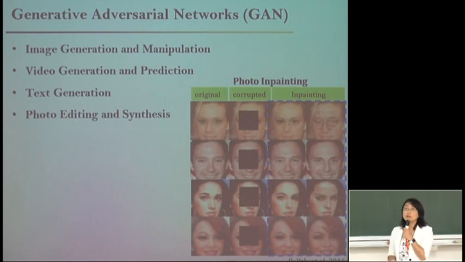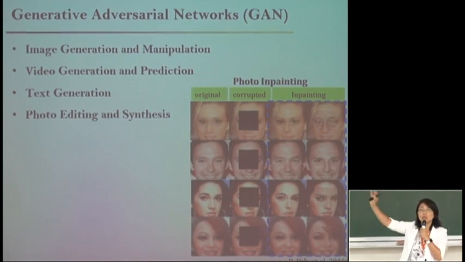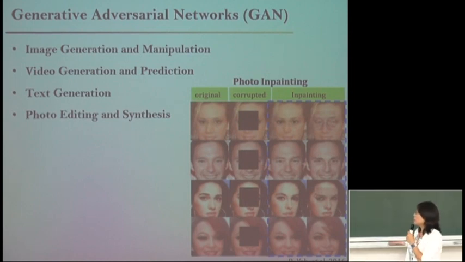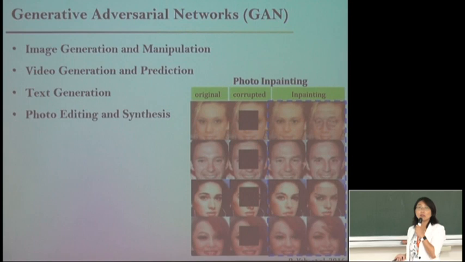It can be used for crime scene investigations. For example, videos on the street might not record the face completely, and this can help to recover or guess some information, and so on and so forth.